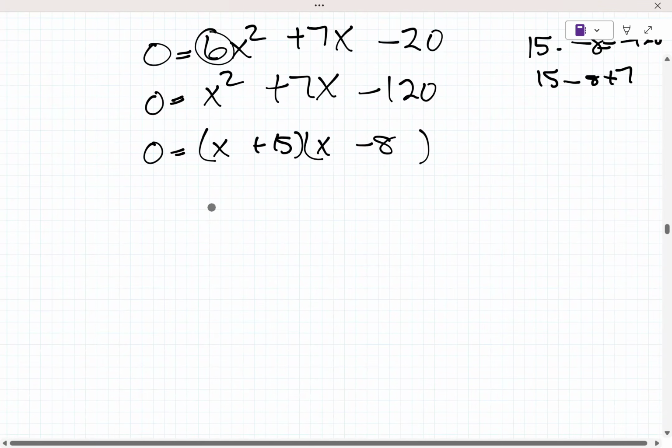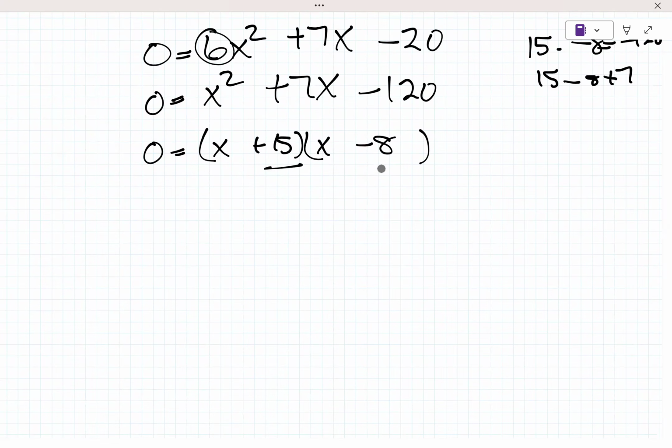Okay, so then what I'm going to do is divide this 15 and negative 8 by the original a value, 6. So 15 over 6 can be reduced by 3, right? 15 divided by 3 is 5.